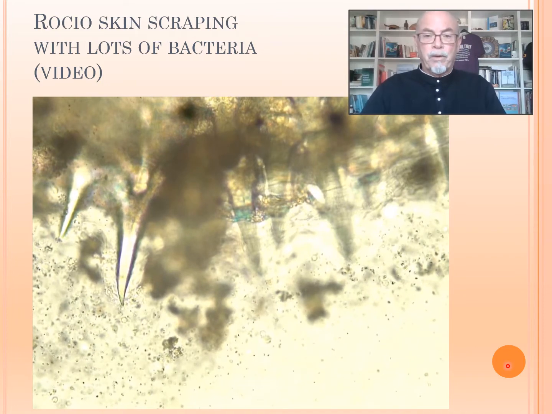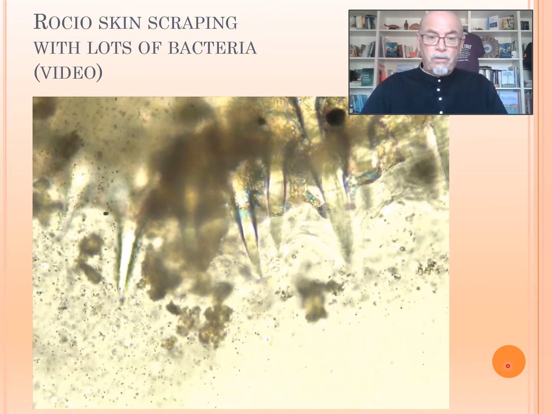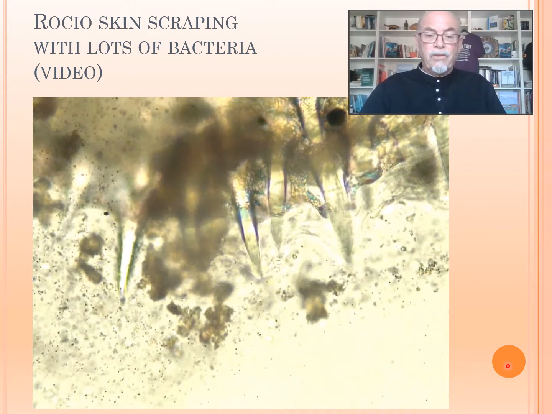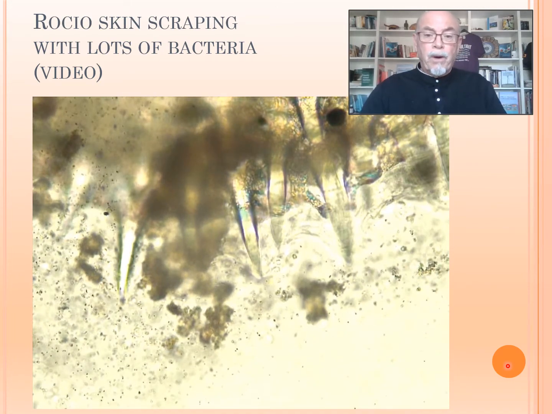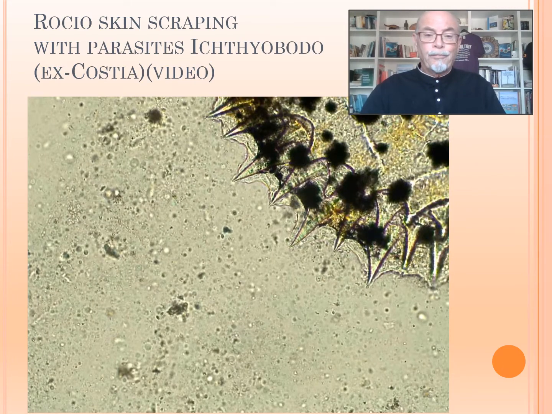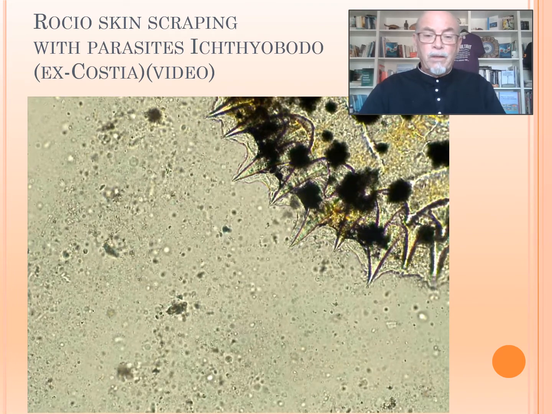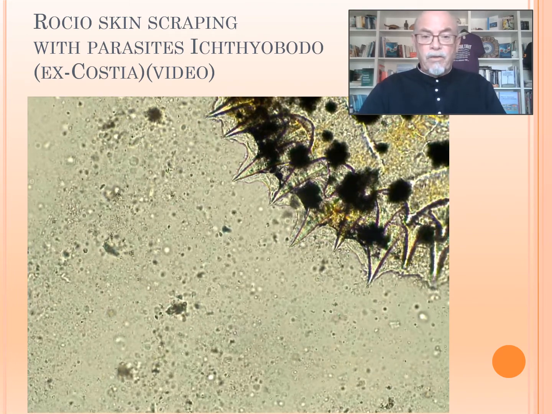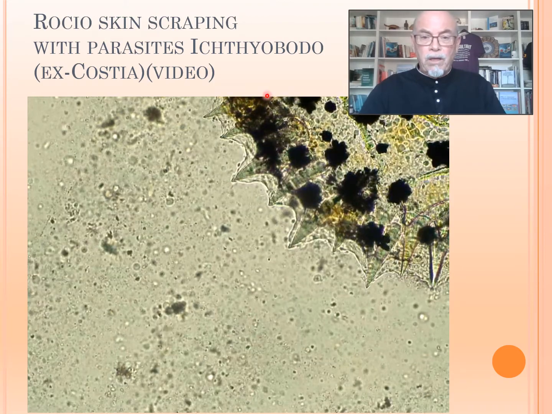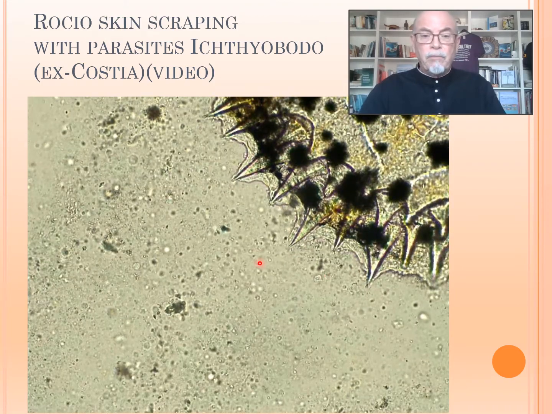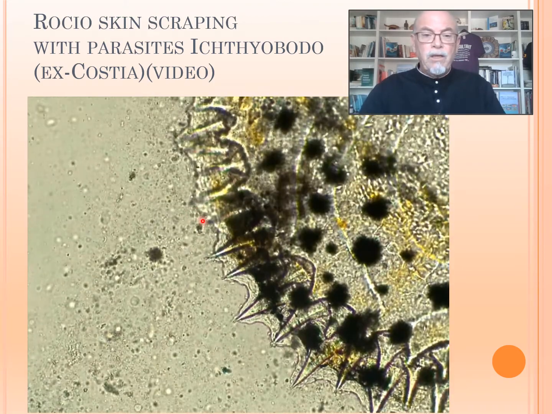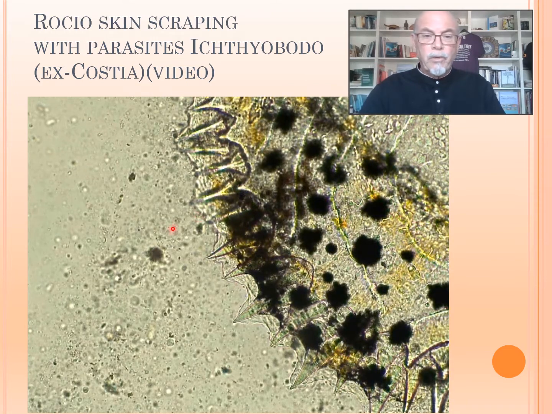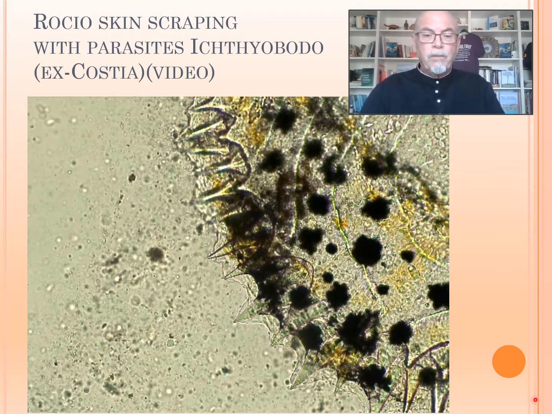Many black spotted bacteria, and that is causing a problem for the fish. Here the same thing. On the scale we see some bacteria, not that many here, but we see some little tiny creatures moving around, the parasites, Ichthyobodo.